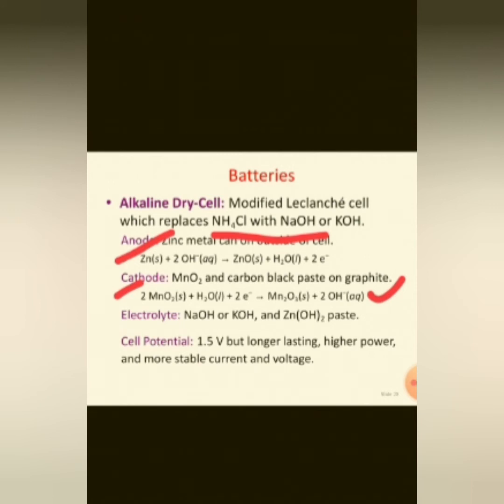Here the cell potential is 1.5 volts, but it is longer lasting, with higher power and more stable current and voltage. It means the alkaline dry cell is more beneficial as compared to the zinc dry cell.